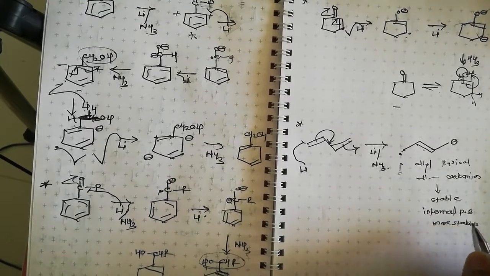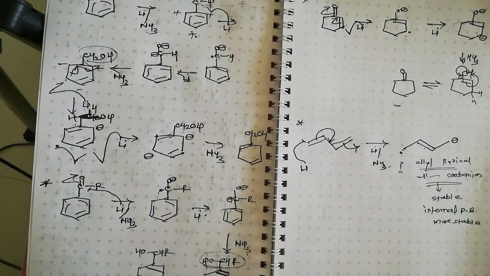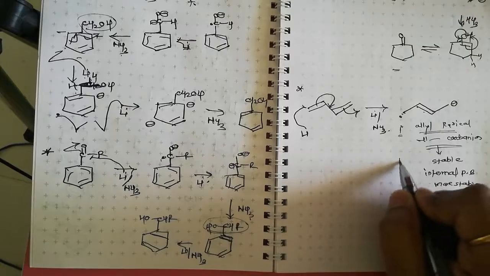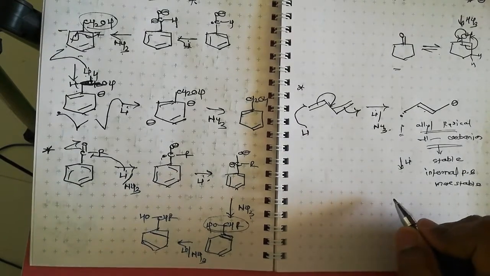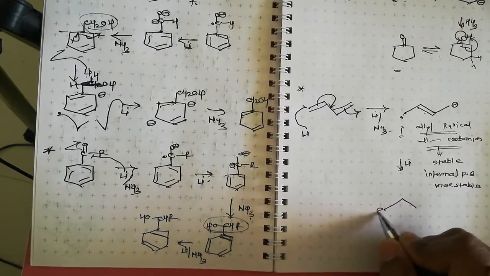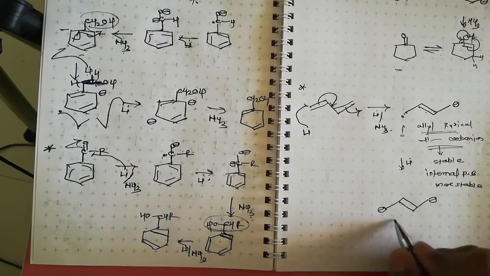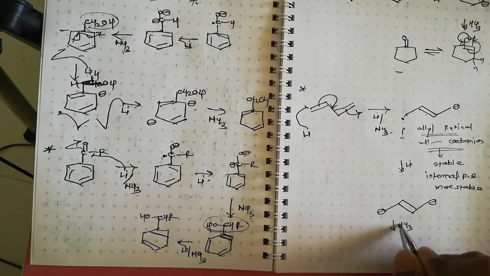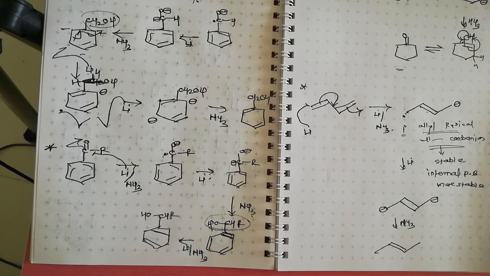Therefore the allylic radical and the allylic carbanion are stable. Then lithium transfers its electron to this radical and we get here a negative charge, here a negative charge. Then ammonia transfers its proton to this negative charge and we get this product.